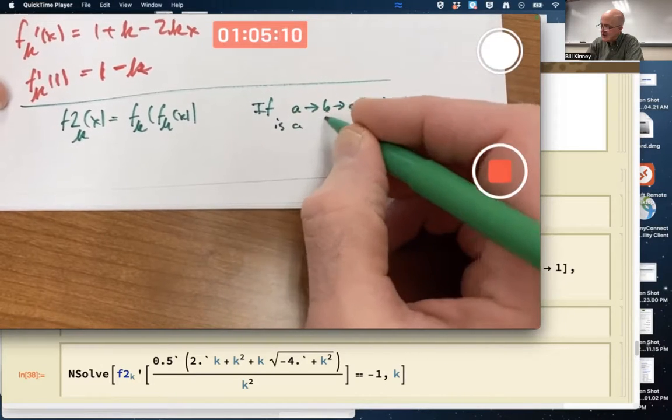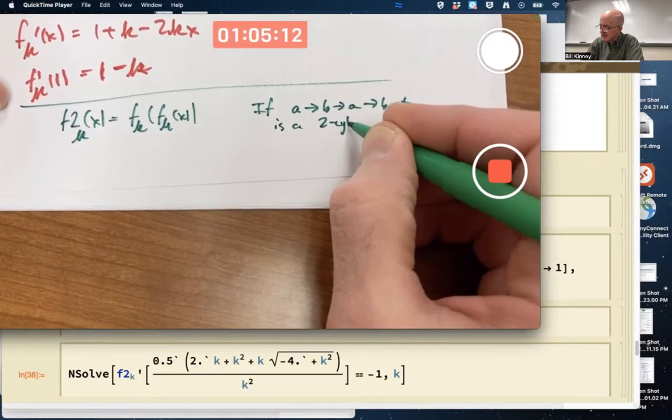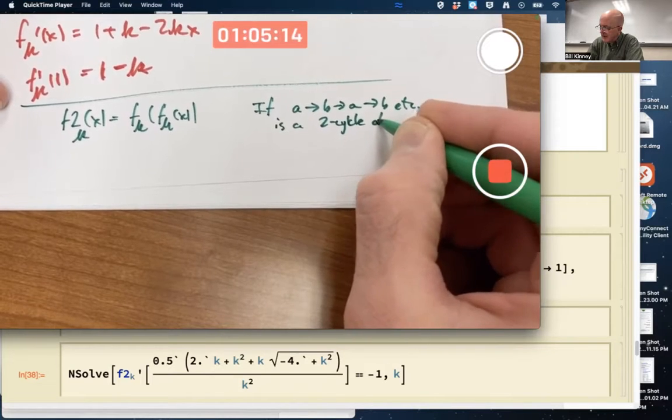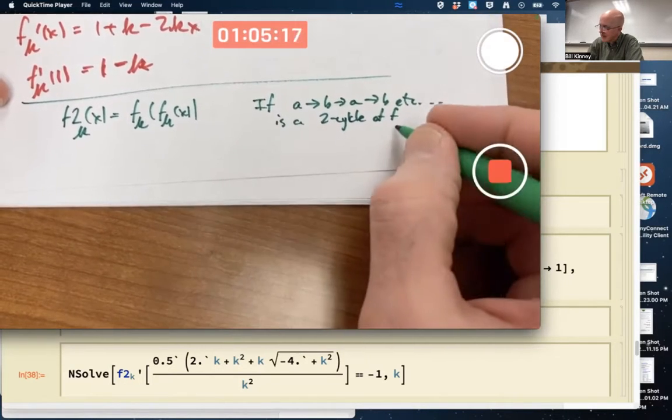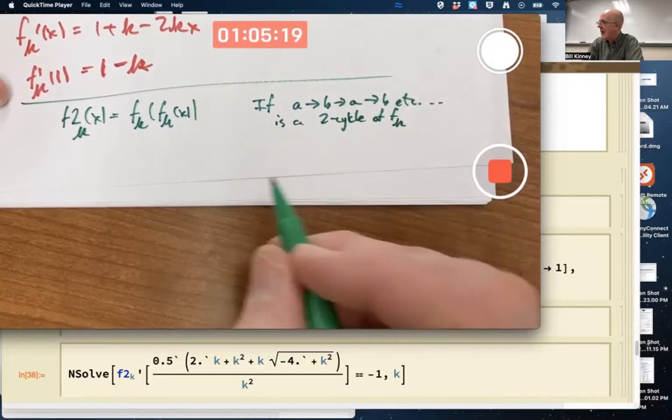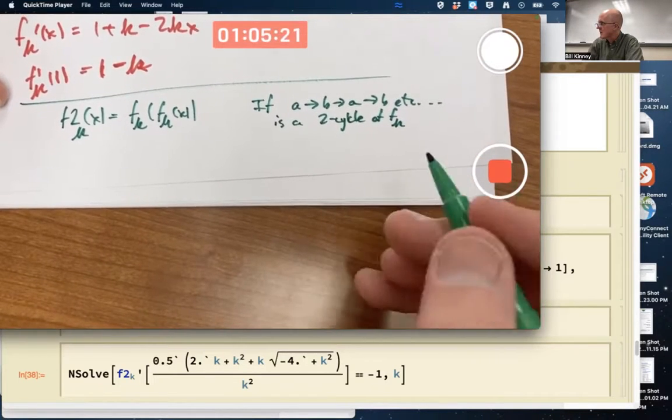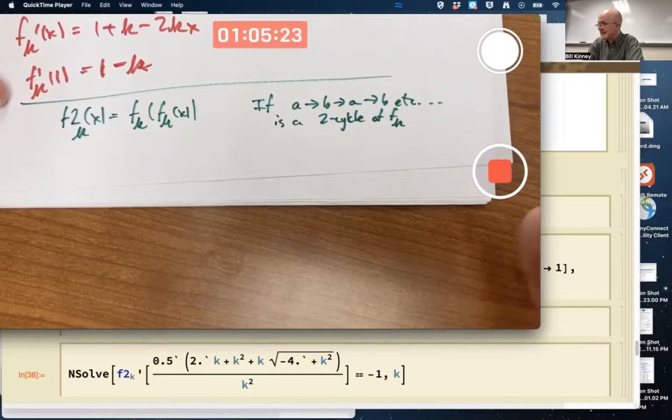is a 2 cycle of f sub k. So A, B represent numbers that are, when you iterate, you're cycling between the numbers, say exactly.